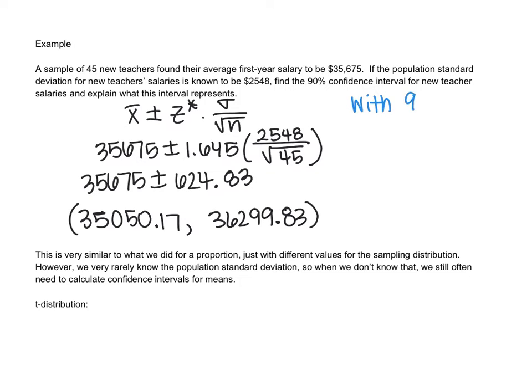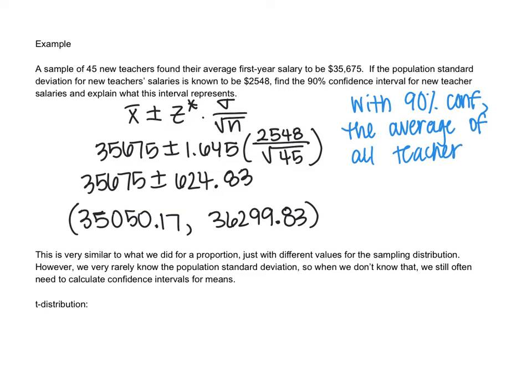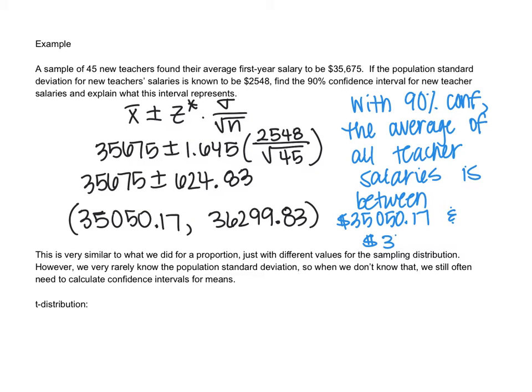With 90% confidence, the average of all teacher salaries is between 35,050.17 and 36,299.83.